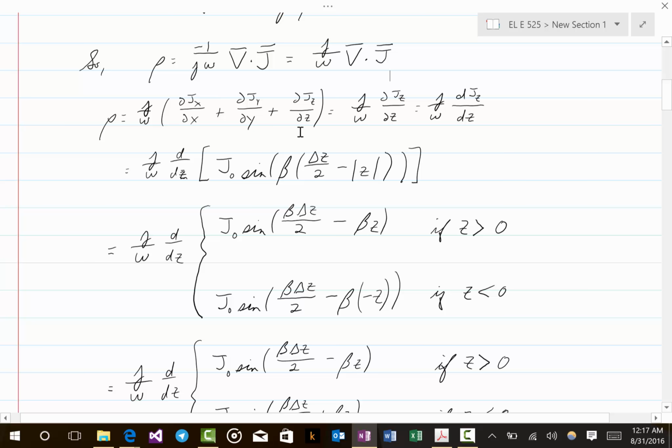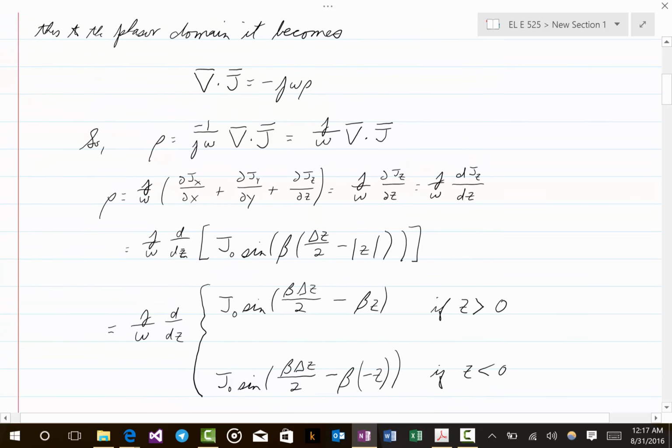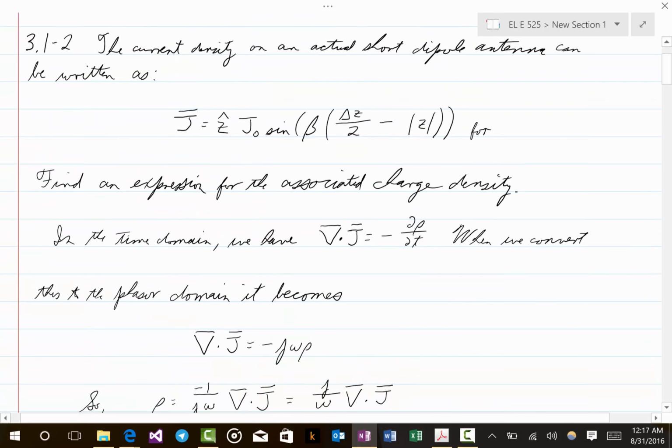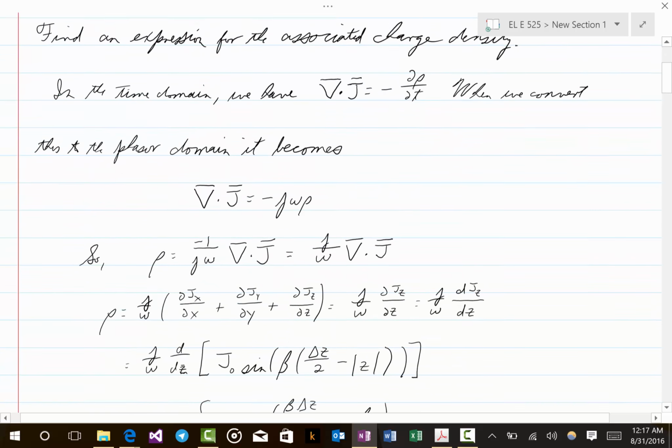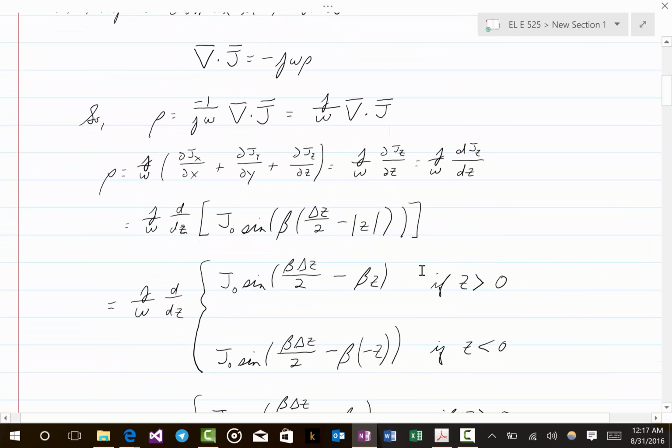And we remember, as was noted above, J here has only a z component, and so the partial jx partial x drops away, partial jy partial y drops away, and we're left simply with partial jz partial z.